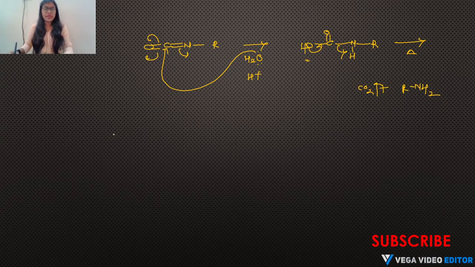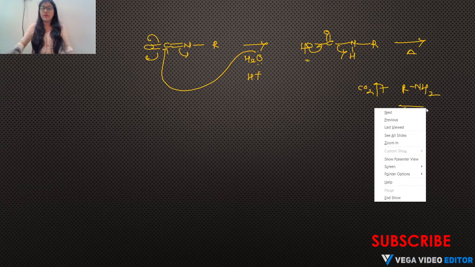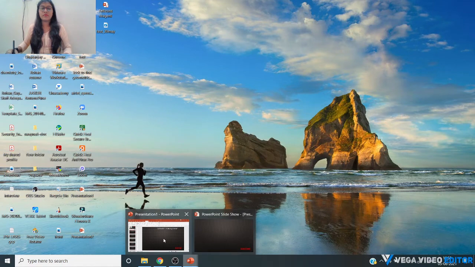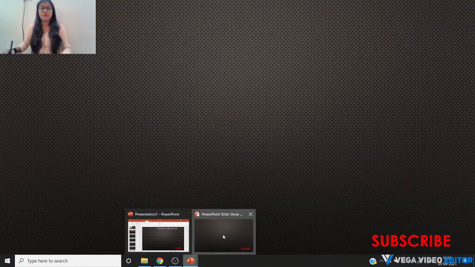Now we can see the next example. If we take an acid, then we get this product. If acid, then we get amine, and if there is a ketone, what is the product? Now we take a ketone.